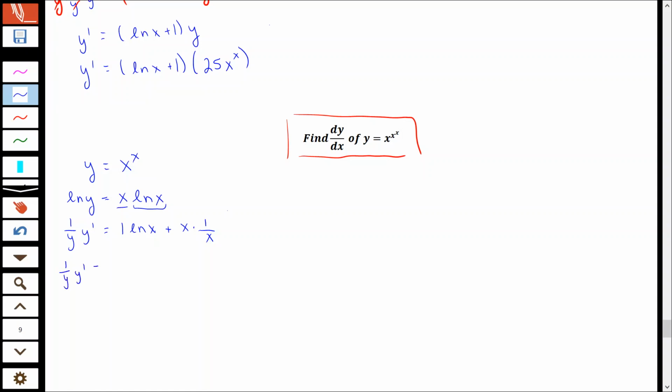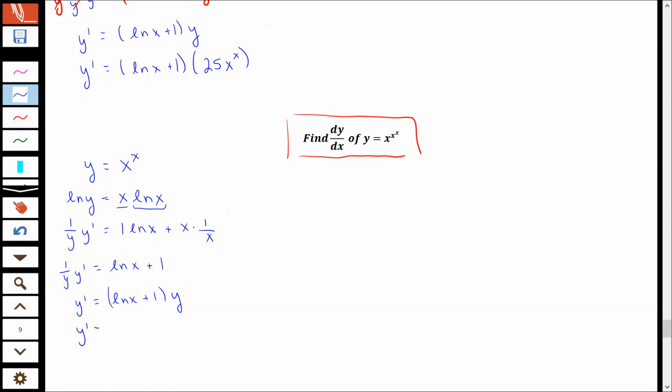It's nice to simplify this down, so just that ln x plus 1 there. And of course, because we have this 1 over y on the left-hand side, we're going to multiply both sides by y.